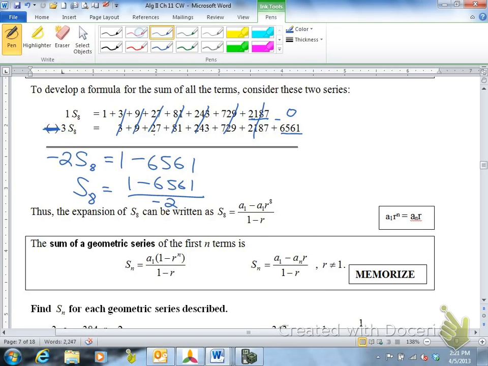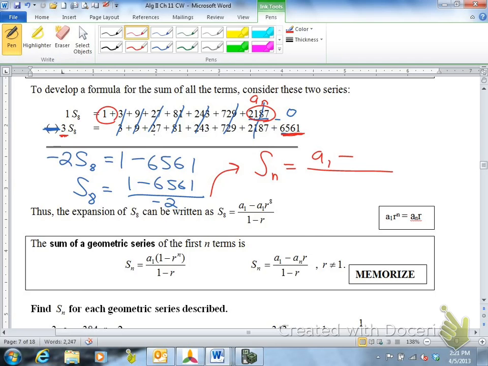But the reason why I'm showing you this is to show you that this formula you could write as the sum of n terms is a sub 1, which is our first term, minus, to get this number, 6561, we took our last term and we multiplied by r. r was the 3 that we were multiplying by.